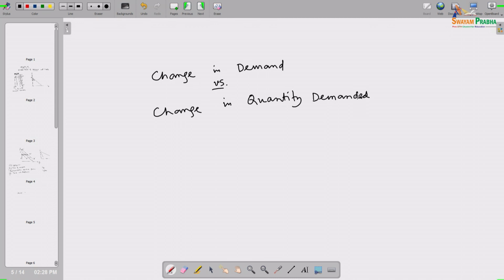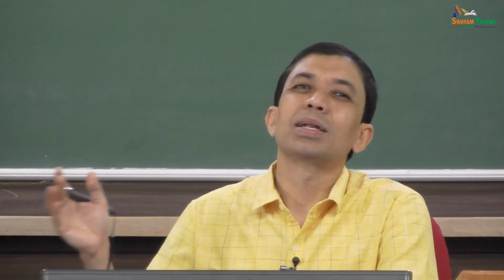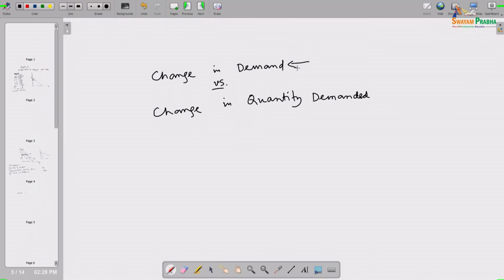When we are discussing the law of demand, we are talking about quantity demanded vis-a-vis the price of a commodity or of a service. But when we are talking about other factors, we say this under the ceteris paribus condition, with all other factors unchanged, and just one of the factors other than price is changing. What will happen? The demand curve will shift. That shifting of the demand curve is called change in demand.